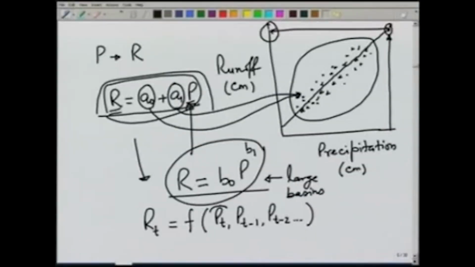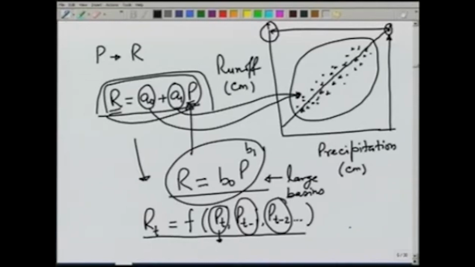Also the groundwater level is likely to be higher and therefore, there will be more base flow. So, not only the precipitation in that time period, for example, that year, but precipitation in the previous year or year before that may also influence the runoff, and therefore, sometimes people have tried to develop a correlation like this.